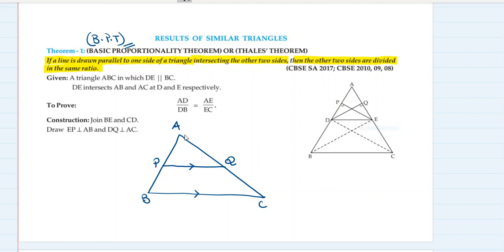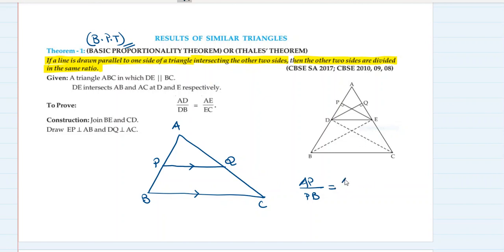Now, PQ is parallel to BC. Which are the other two sides? AB and AC. AB and AC are divided in the same ratio. That means AB and AC are divided proportionally. That means AP upon PB. They have written it as D and E, I have written it as P and Q. That's why the name difference, but it doesn't matter. The meaning is same.